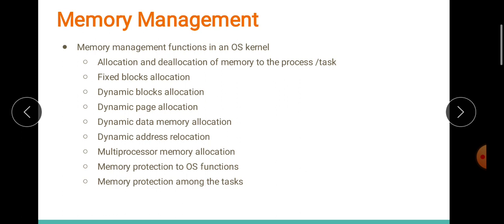And the next function is memory protection to operating system functions. This means that the system call and the function call in the user space are different. The system call is in the kernel or the operating system function, and the operating system must be able to understand whether the call for resources is a system call or a function call in the user space.